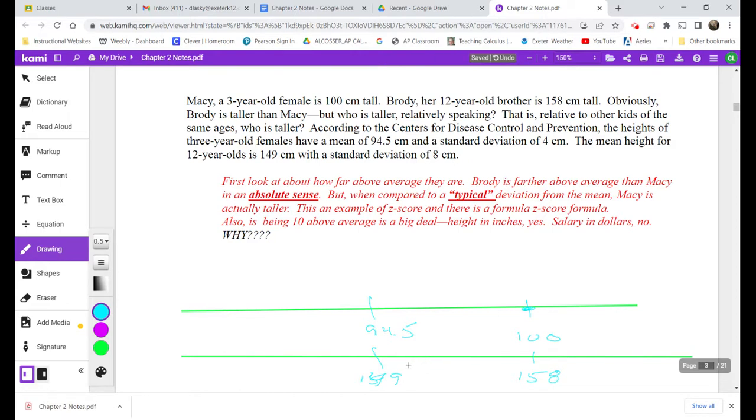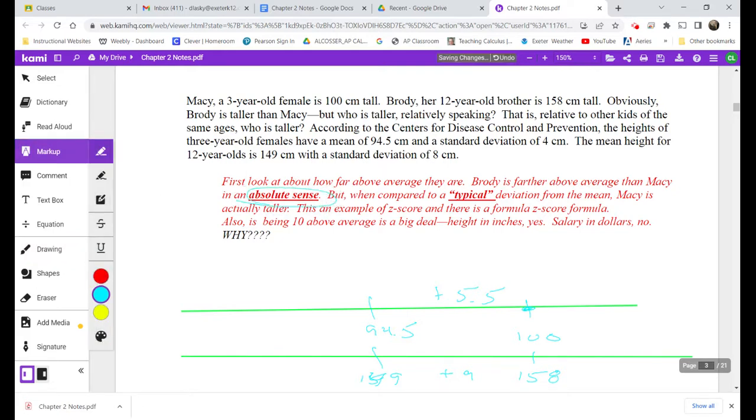So if we're looking at this right here, he is approximately +9 away. She is plus 5.5. Okay, so if we look at this in an absolute sense, absolute means just a straight subtraction.